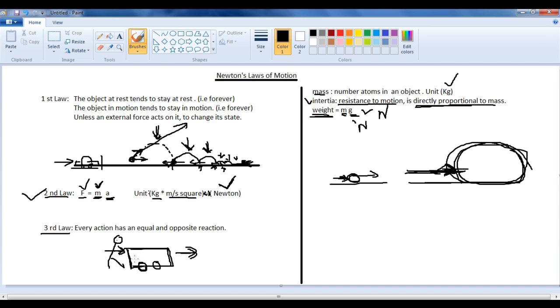But you should also remember that there is an equal and opposite force acting on you, so that the object tries to stay at rest.